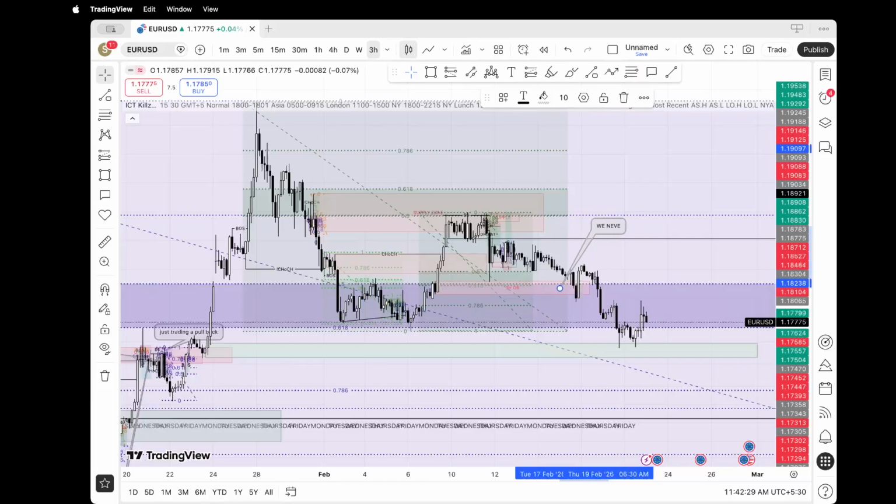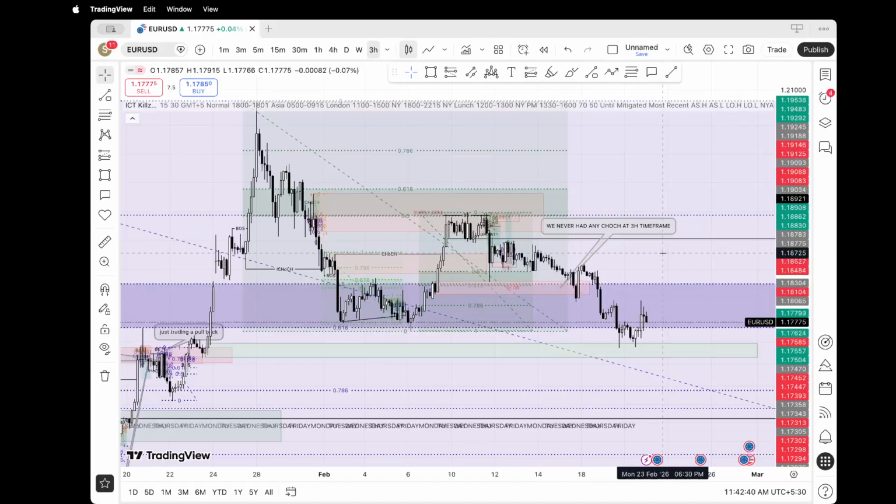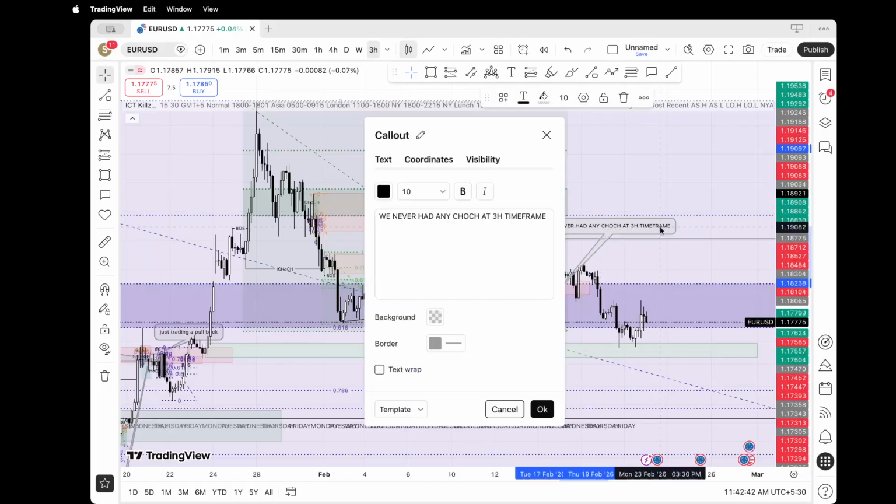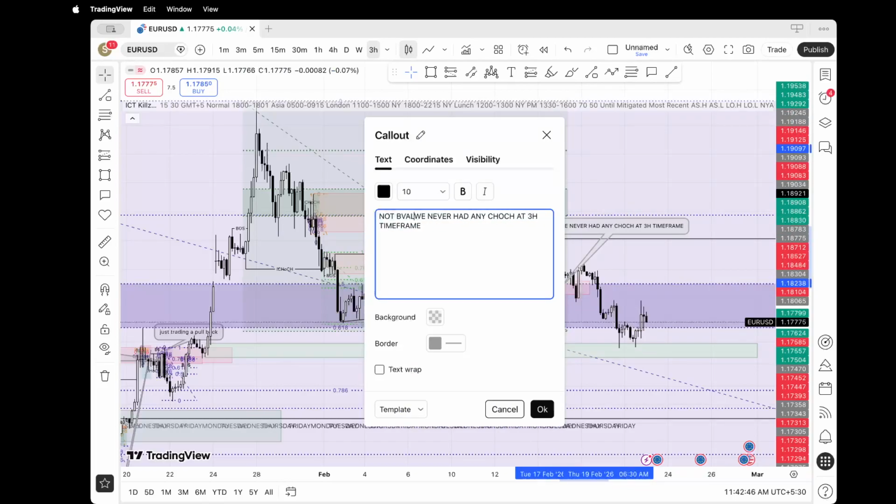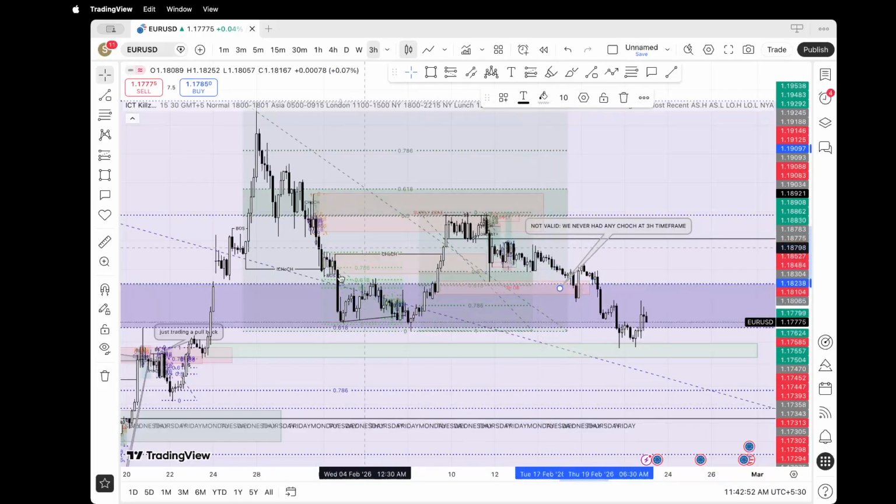Not valid. Because there is no break of structure, we are just bearish. It tapped into the 3 hour, 4 hour order block. It went down.